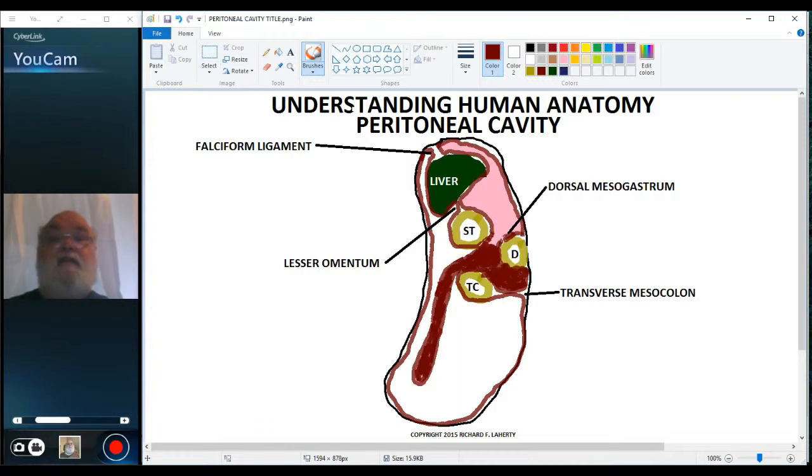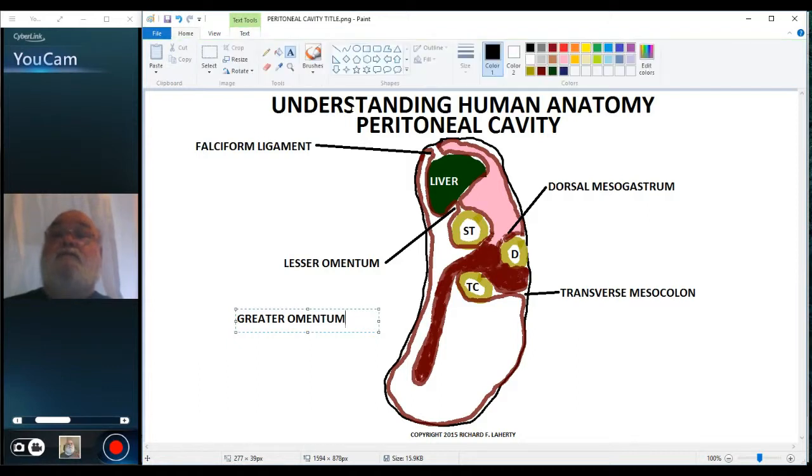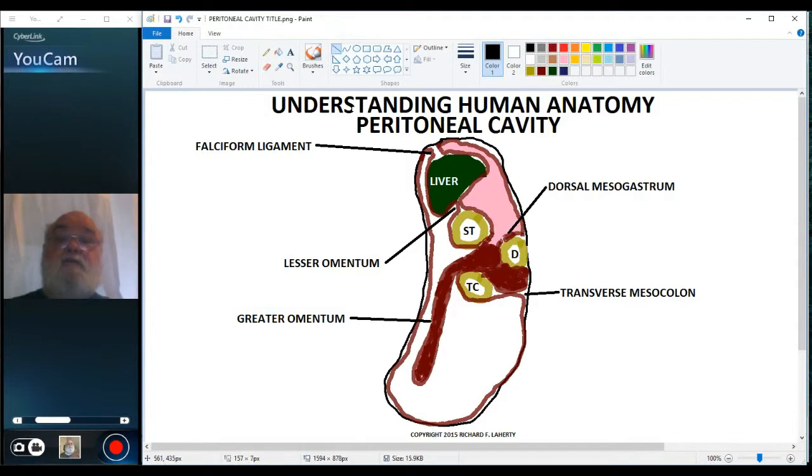So that in the developed embryo, we have the greater omentum, hanging down over the intestinal tracts. Now, also realize I didn't draw in all the small intestine in here because that would just clutter up the drawing.